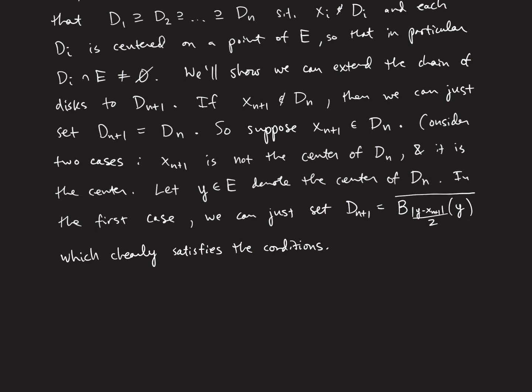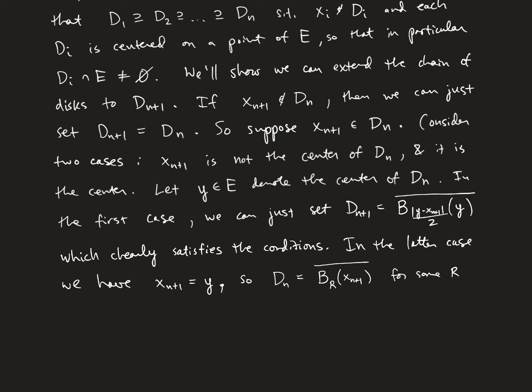In the latter case, we have that xn plus 1 equals y. So xn plus 1 is at the center of the disk Dn. Dn is the closed ball of some radius r around xn plus 1, for some r greater than 0.